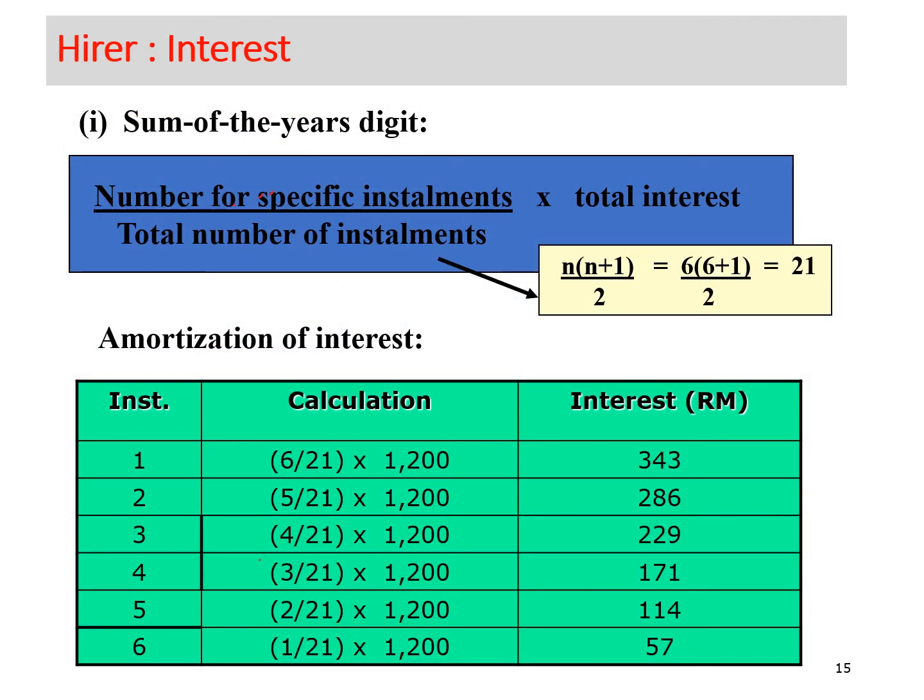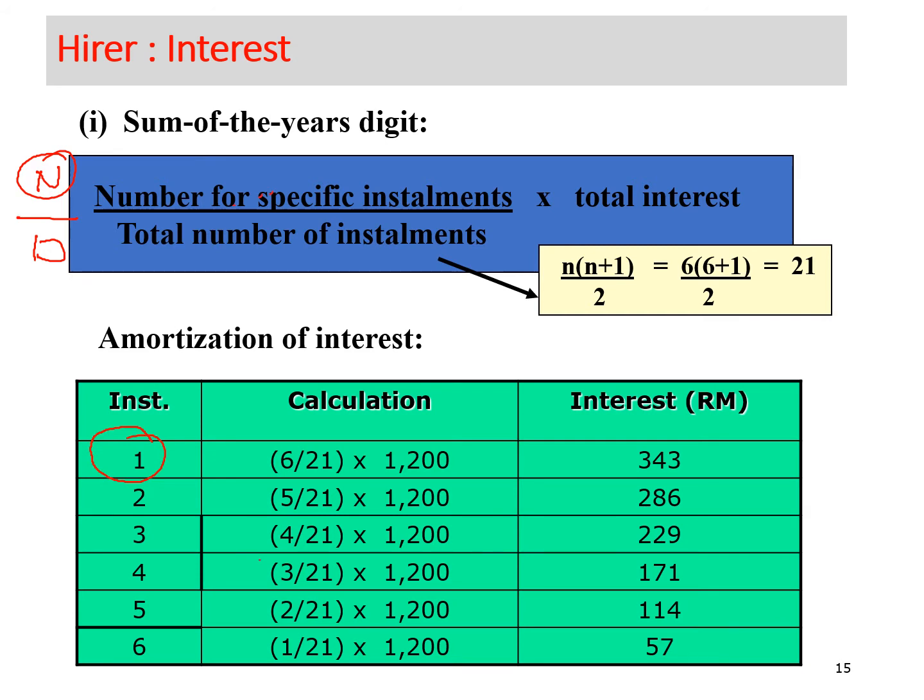So to compute the monthly interest using the sum of the years digit method, first you need to determine which number of installment this refers to. For the first installment, in order to calculate the total interest that you can amortize, for your numerator, the top is the numerator, the bottom is the denominator. The numerator refers to the remaining number of installments at the beginning of that particular installment.